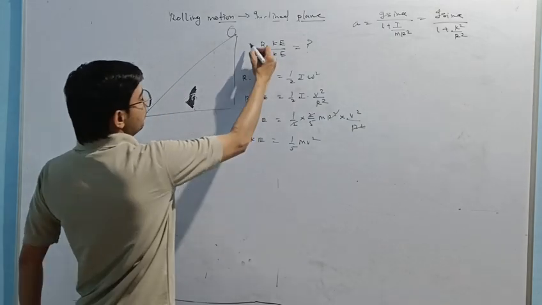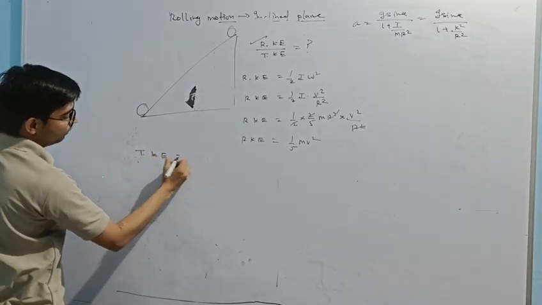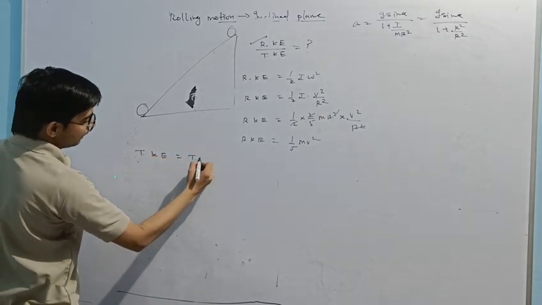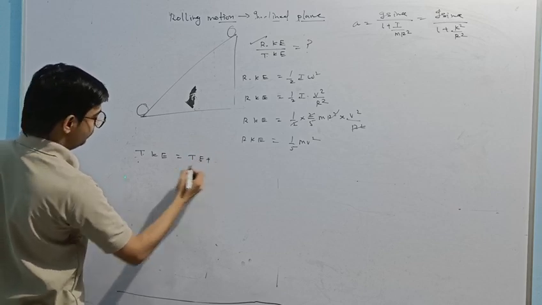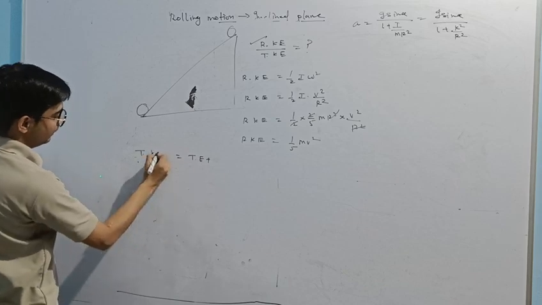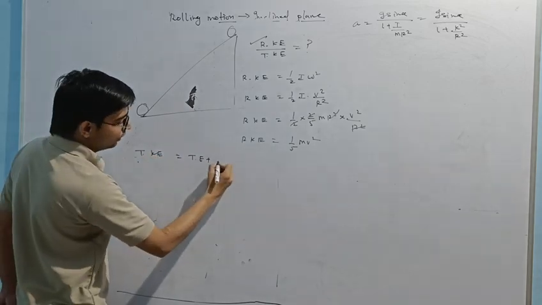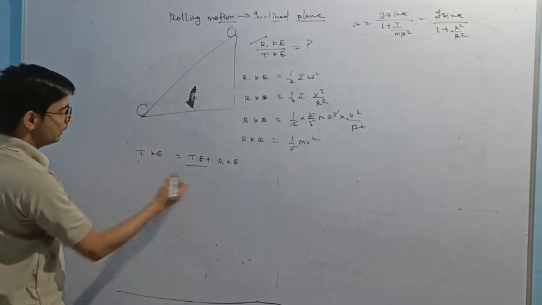Now ये तो निकल चुका, टोटल निकालना है. टोटल काइनेटिक एनर्जी इक्वल टू ट्रांसलेशनल काइनेटिक एनर्जी प्लस रोटेशनल काइनेटिक एनर्जी.